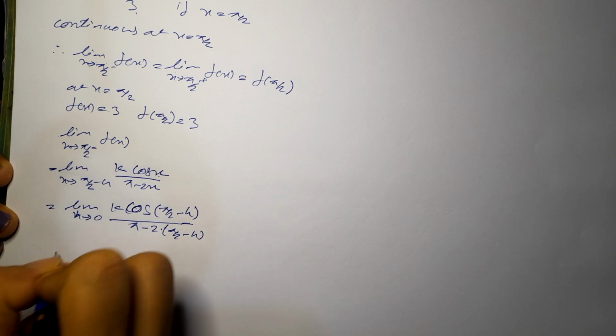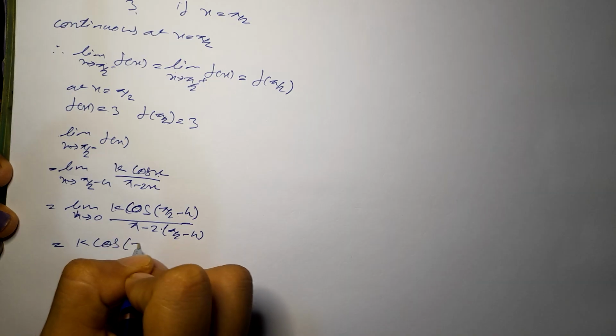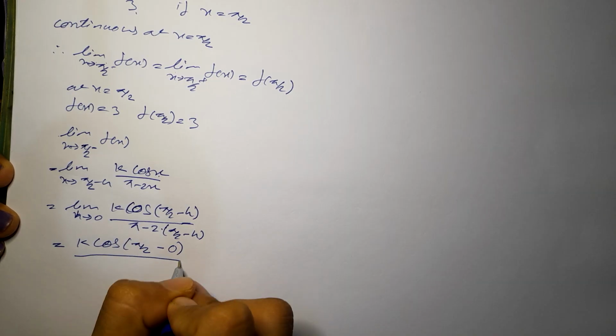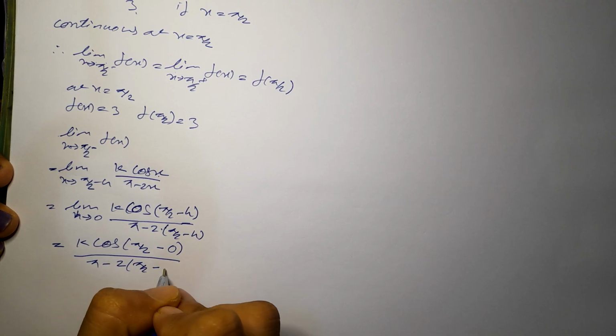Instead of h we put 0, so k cos pi by 2 minus 0 divided by pi minus 2 pi by 2 minus 0.